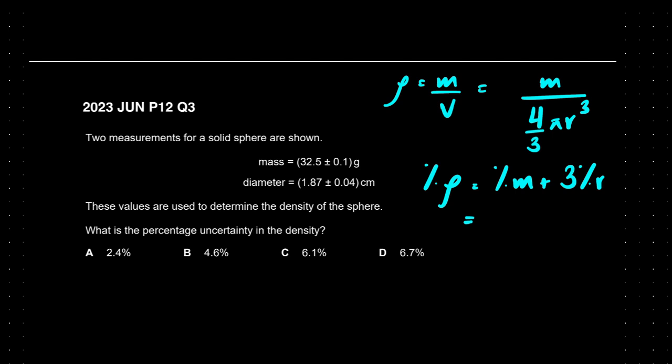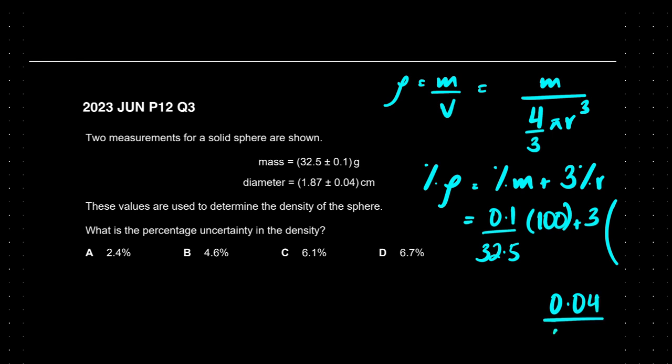So percentage uncertainty in m, 0.1 over 32.5 times 100 plus 3 times this entire thing, 0.04 over 1.87 times 100, right?